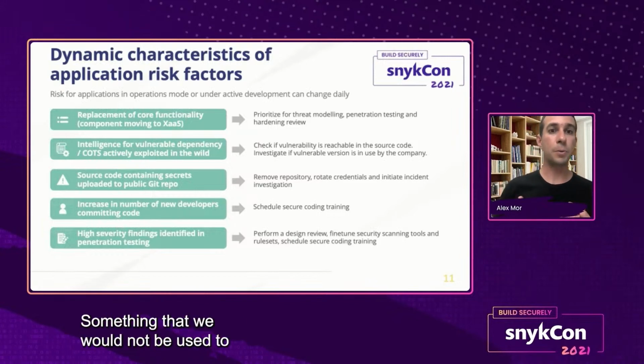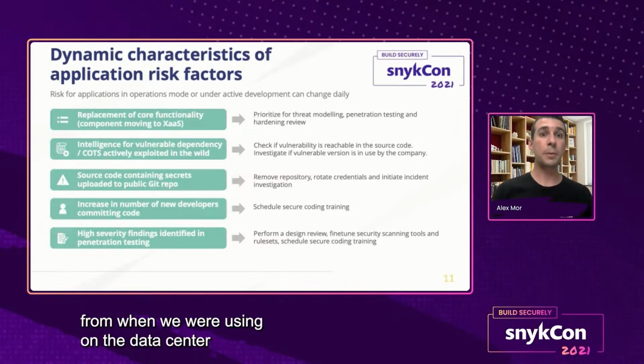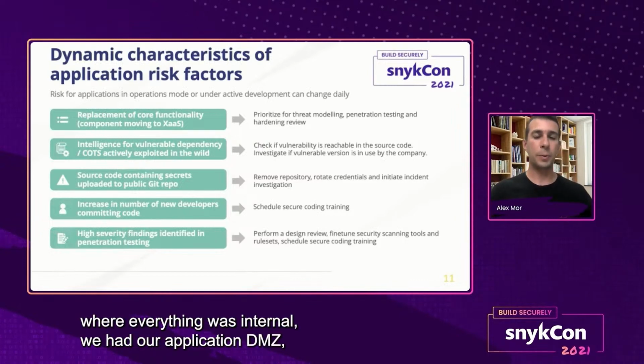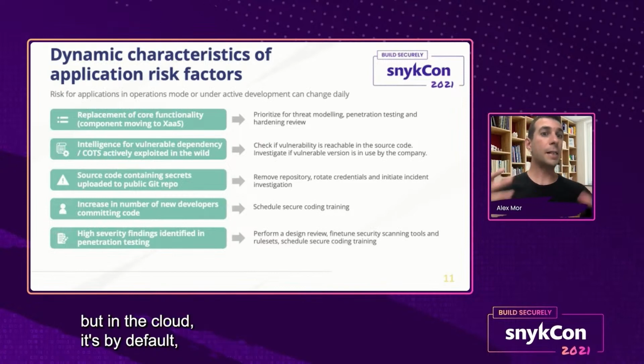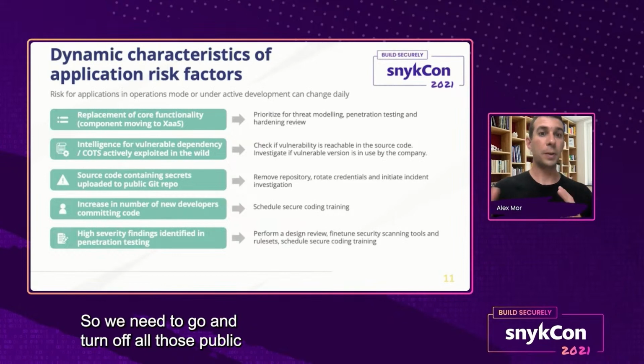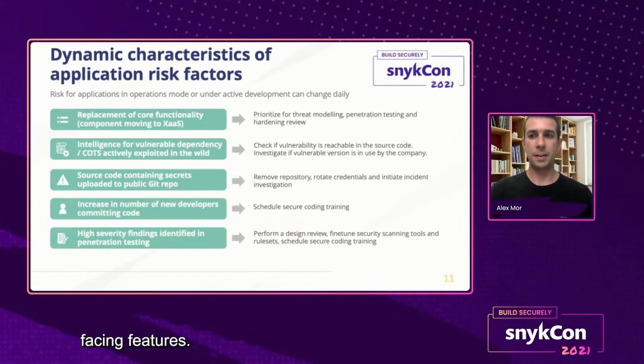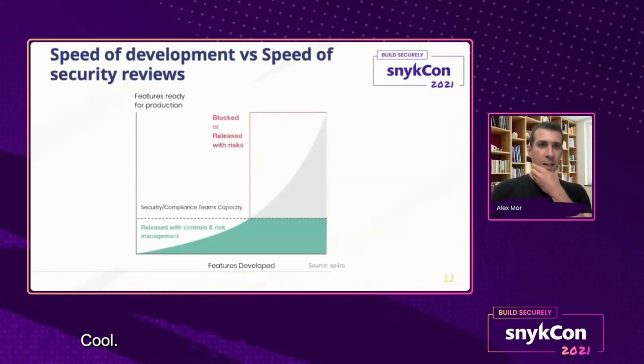Something we would not be used to from the data center, where everything was internal. We had our application DMZ, but in the cloud, by default, everything is more open. So we need to turn off all those public-facing features. Cool.